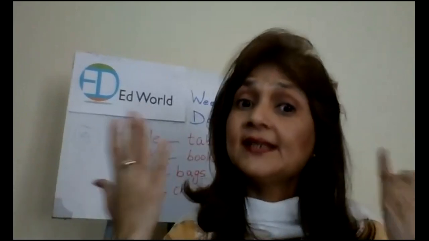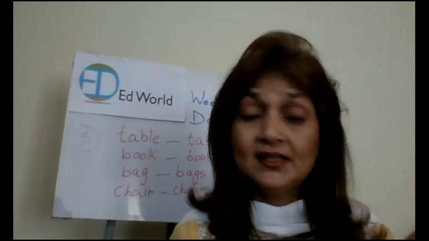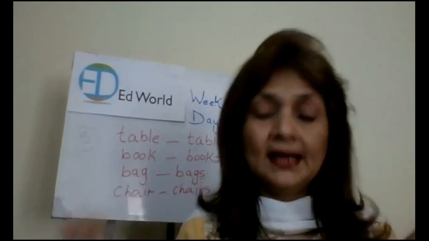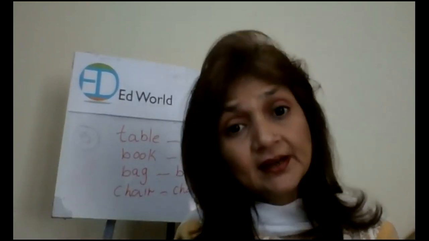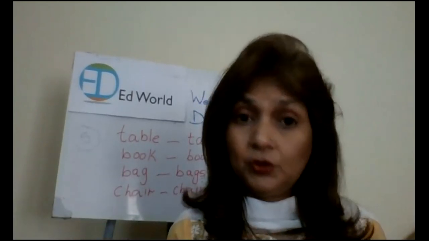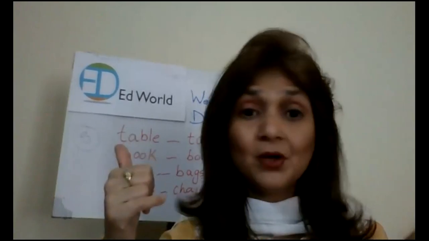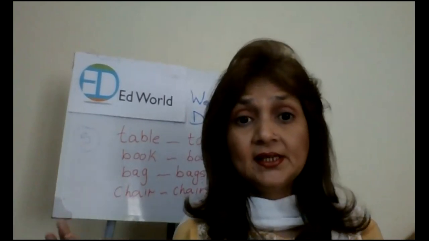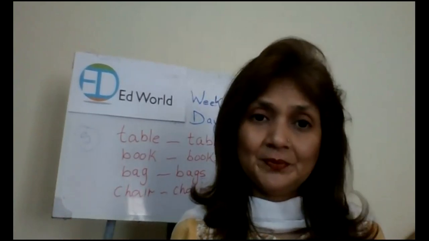So altogether, you are going to make 6 sentences using singular and plural with correct grammar and correct punctuation. Do remember that we have to start a sentence with a capital letter, and we have to end the sentence with a full stop, right?